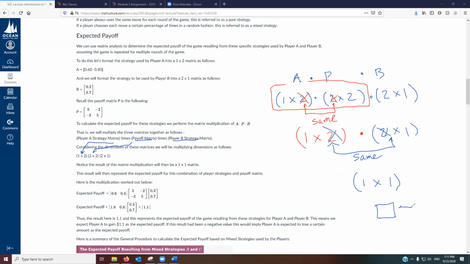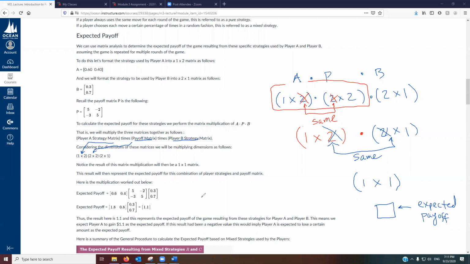This number is the expected payoff. If this number is positive, that means we expect player A to gain or win money. If it's negative, that implies player A is going to lose money over the long run.